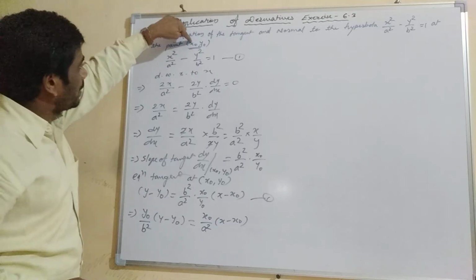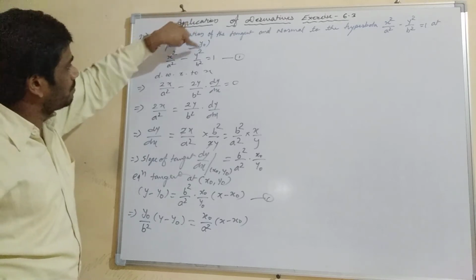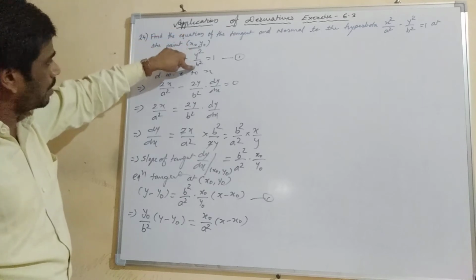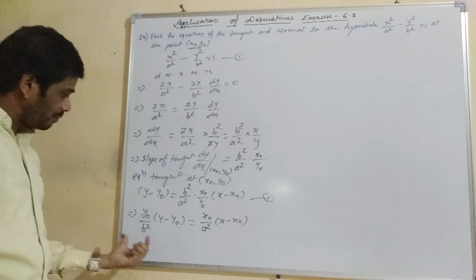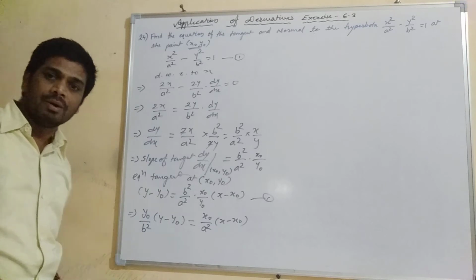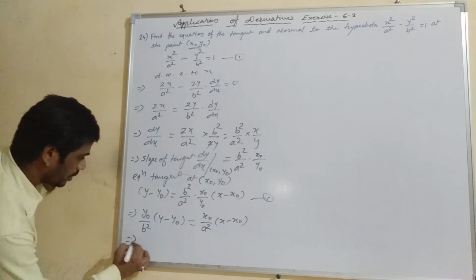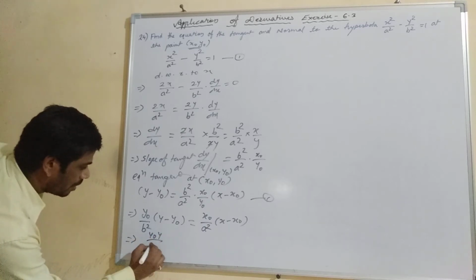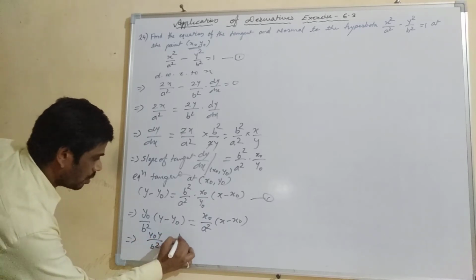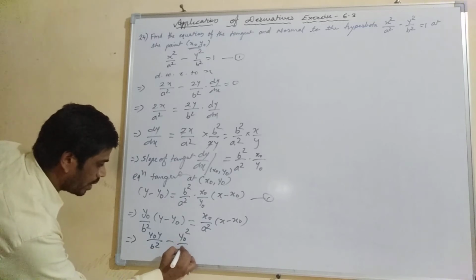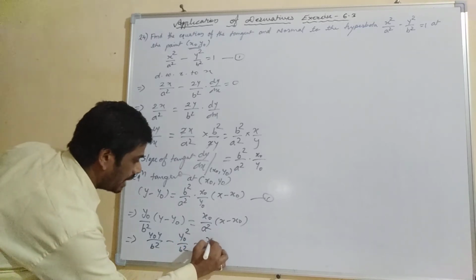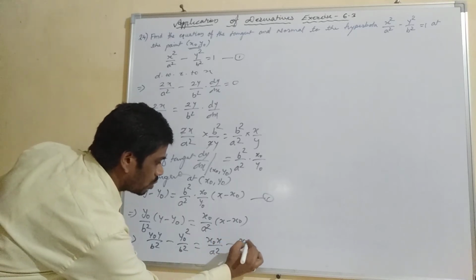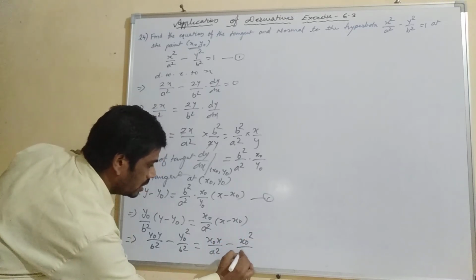So if you replace x with x naught and y with y naught, we'll get x naught squared upon a squared minus y naught squared upon b squared equal to 1, and that we will get here also, and we will replace by 1. So that's why we are doing this. So it will be y naught y upon b squared minus y naught squared upon b squared equal to x naught x upon a squared minus x naught squared upon a squared.